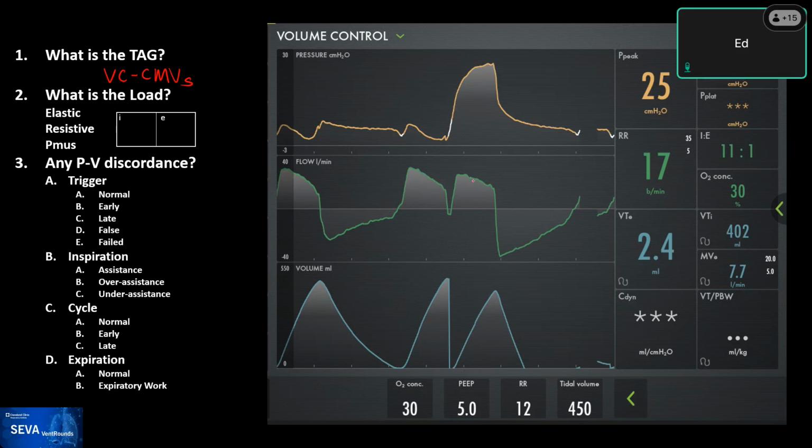The reason for that can be one of three. The first is that it was not volume control, and it was pressure control.